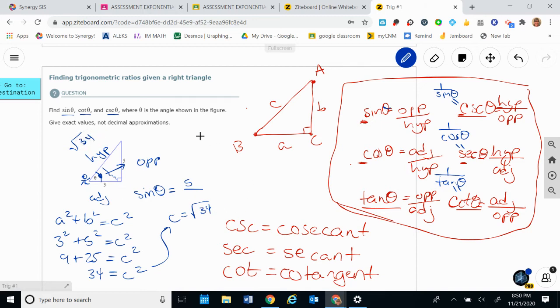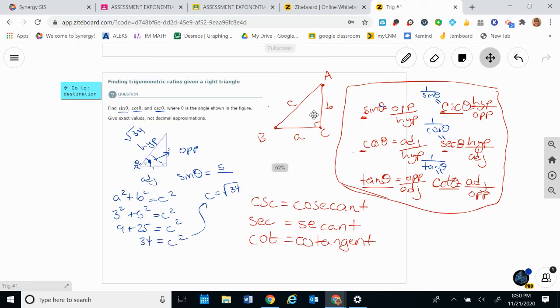Let me shrink it down a little, and let me erase this because I shouldn't have put it here. Okay, let's put it here. C is equal to the square root of 34. So sine is equal to 5 over the square root of 34, but this is why we did radicals, you guys. You cannot leave the square root in the denominator.